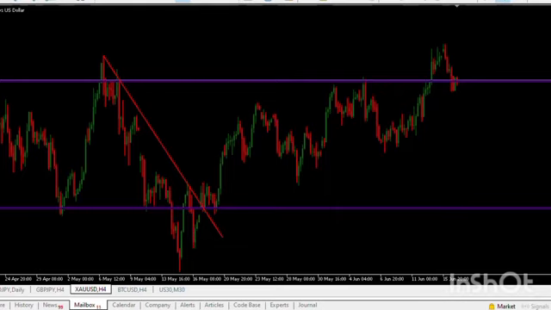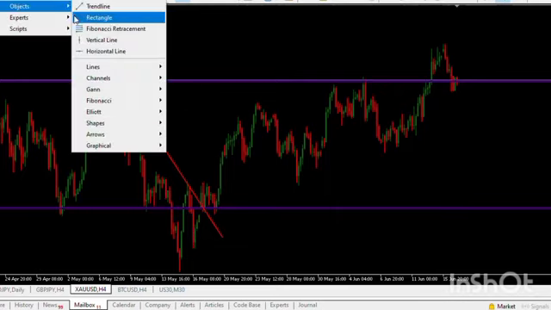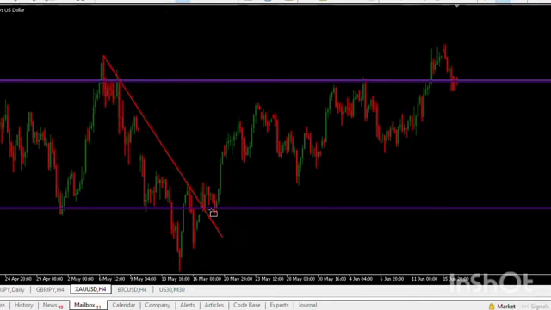Some persons would aggressively take this trade here. Okay, yeah, it was actually a good place to take it, particularly when you want to manage risk, like you don't want a large stop loss.